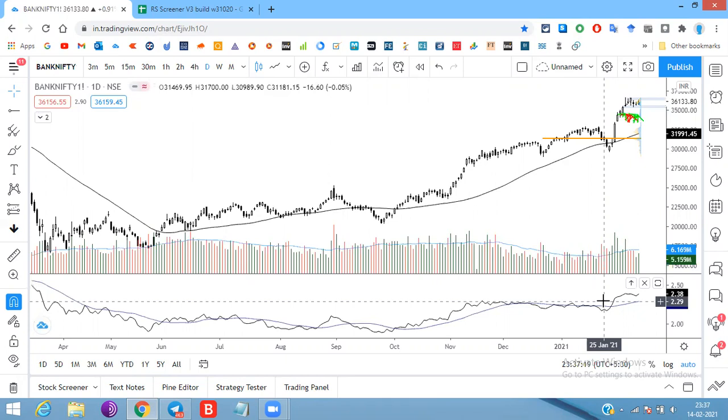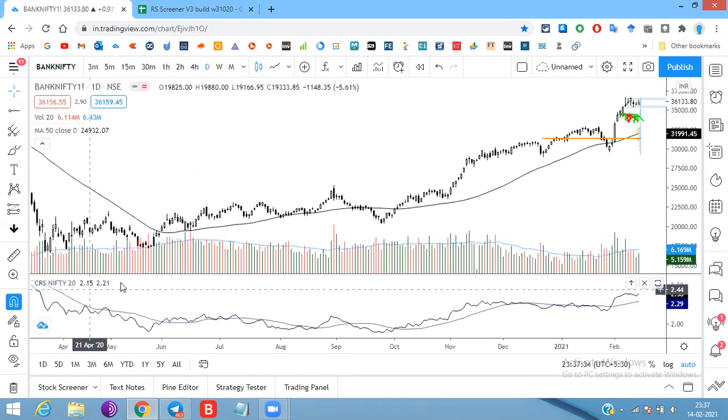So what are spread charts? Spread charts are what I call a minimalistic person's good friend. Okay. If you are a minimalist and you don't like to use indicators, let me just remove the indicators.